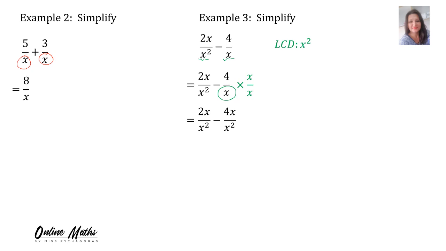And now both of them are over x squared, so therefore you can say (2x minus 4x) over x squared. And that is indeed minus 2x over x squared. And then the x and one of your x's can cancel out. And you're left with minus 2 over x.